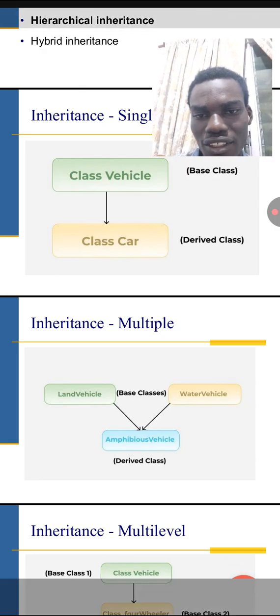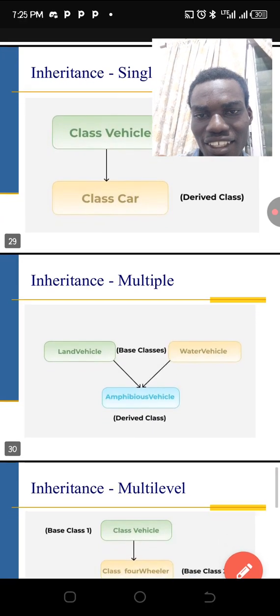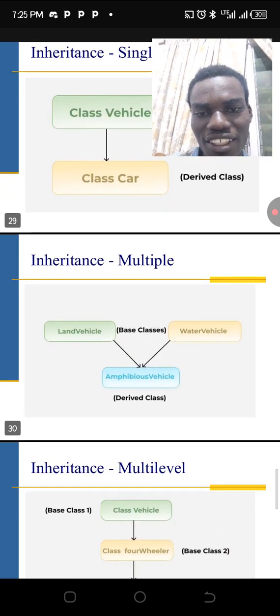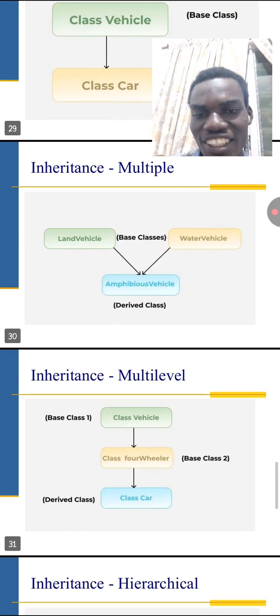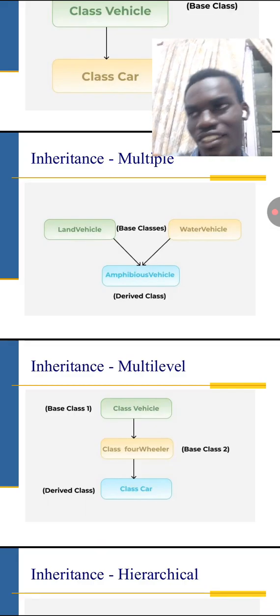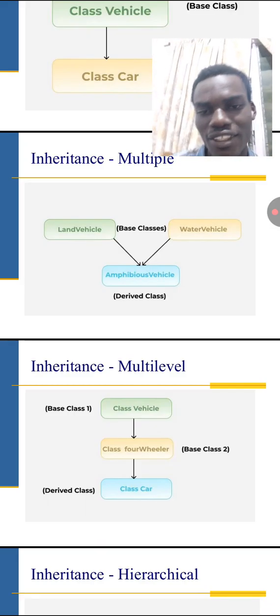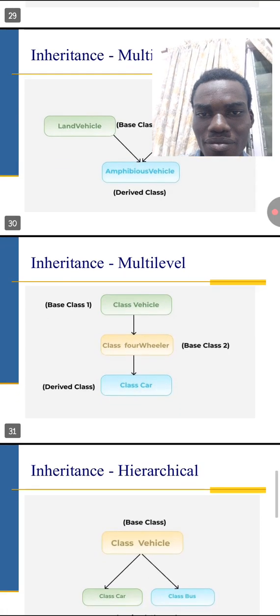where, as you can see from the example, you will get property from your father's side and property from your mother's side. So let's look at it in a family context.